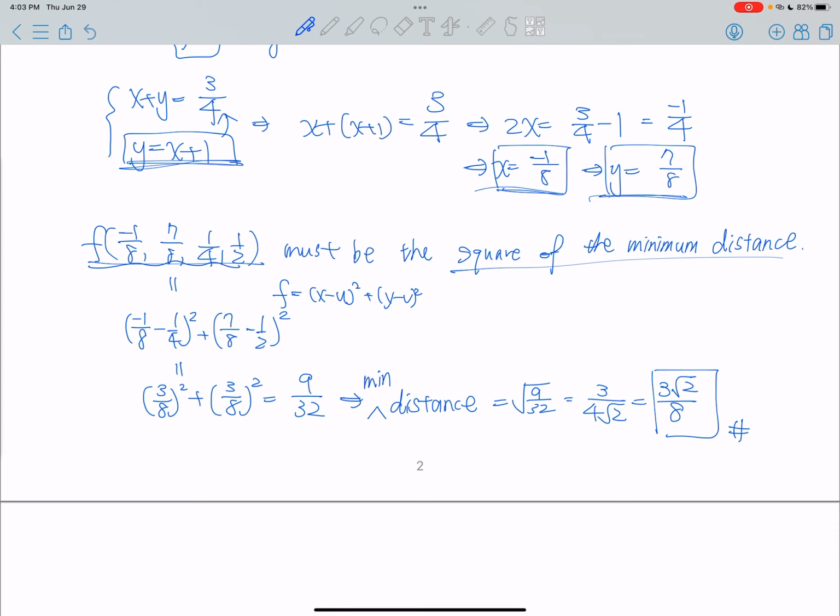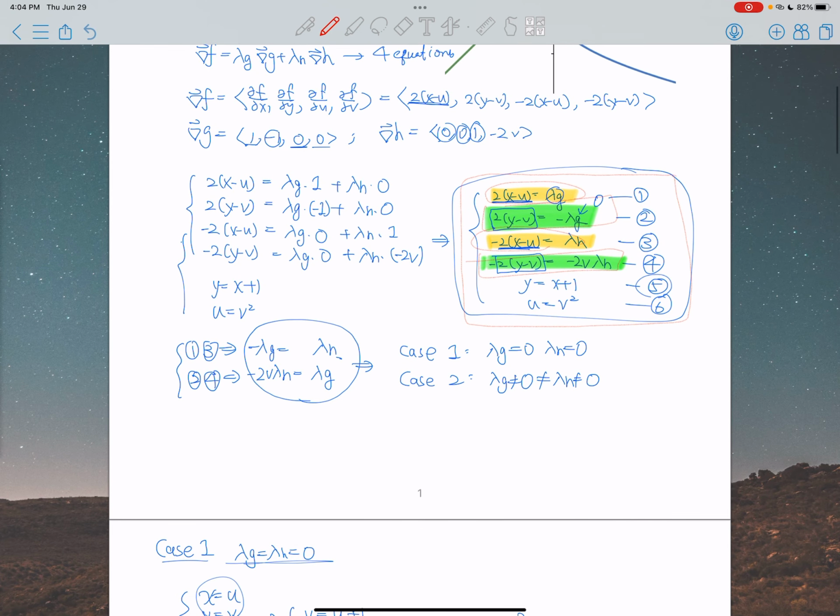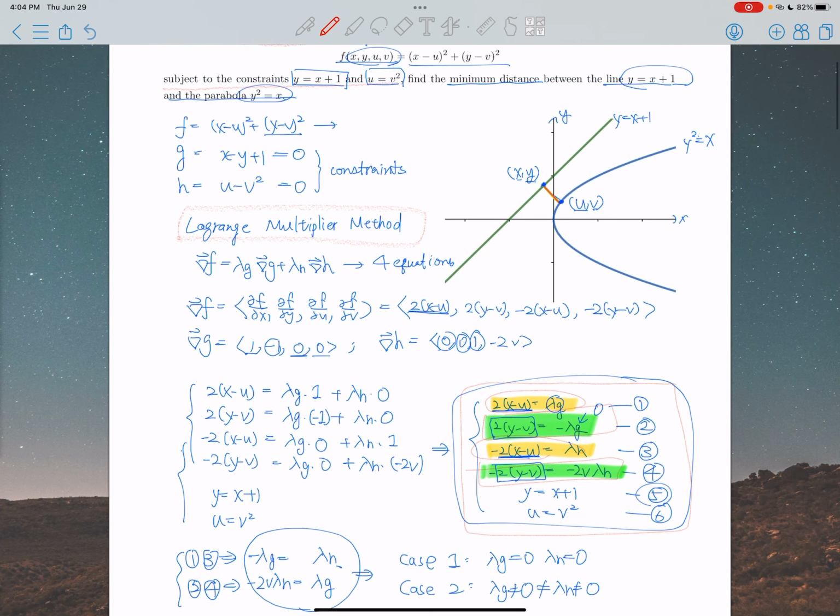Like for this case, we figure out the 2 yellow ones and the 2 green ones, and separate it into several cases, and discuss these cases. And finally, we'll get an easier way to solve this huge set of equations. So this is the main idea of solving Lagrange multiplier method questions.